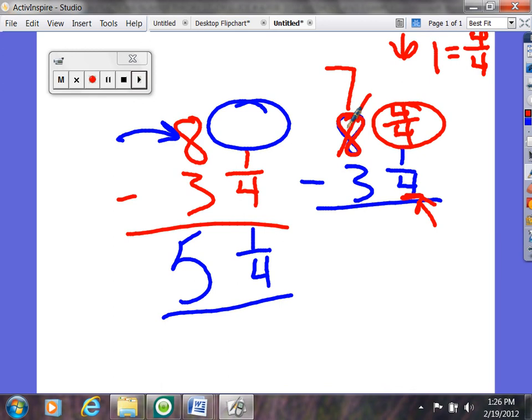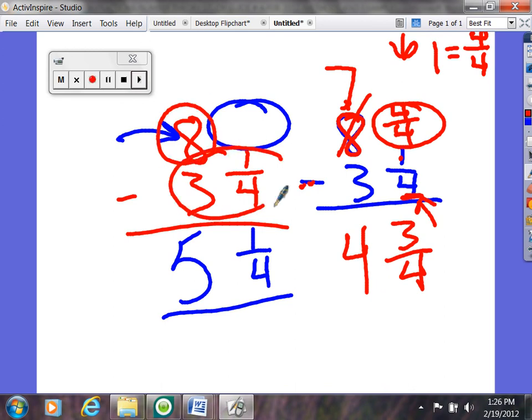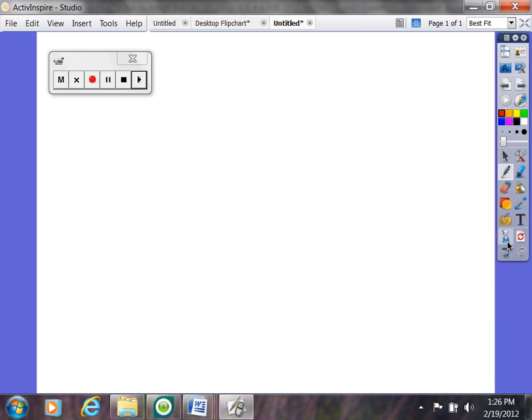Now I can subtract. 4 minus 1 is 3. Now, since I took 1 whole here, 7 minus 3 is 4. And see, that makes sense. I have $8. I spend 3 1/4. I've got $4 3/4.